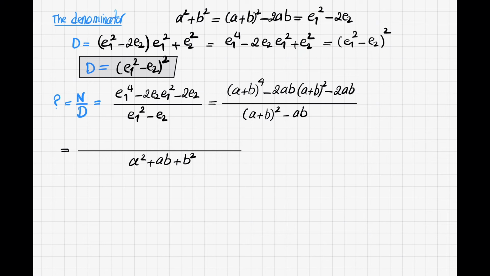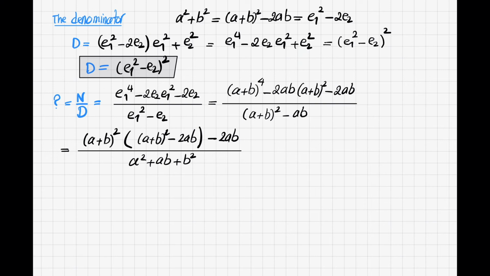For the numerator, for making life simpler, I just factor a plus b to power 2, not because I want to factorize, but because I want to make it simpler to calculate or to expand. So what is left from here is the second power of a plus b, and then I will have a minus 2ab at the end, yes, and then I have a minus 2ab left.